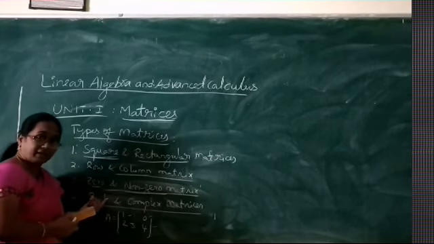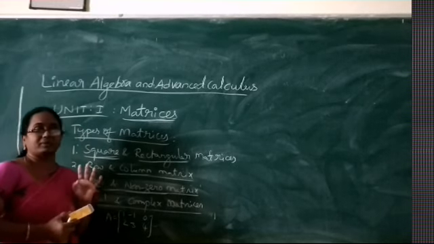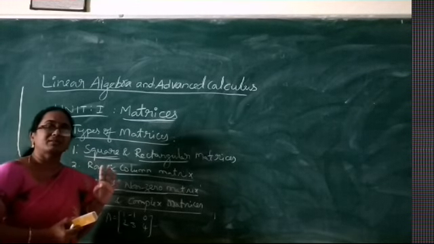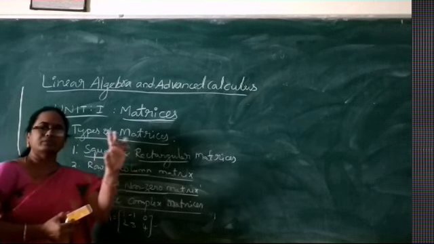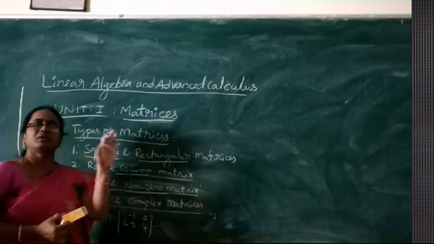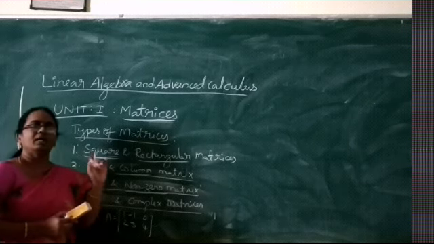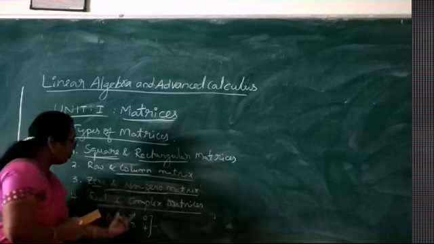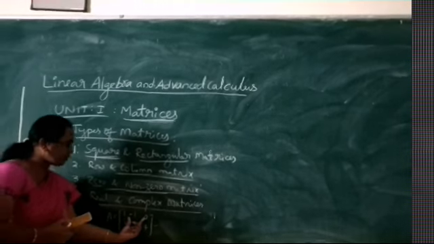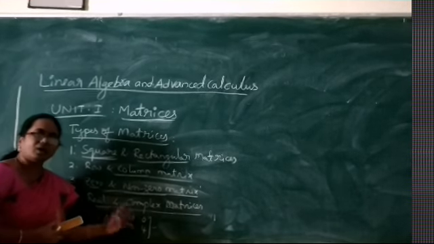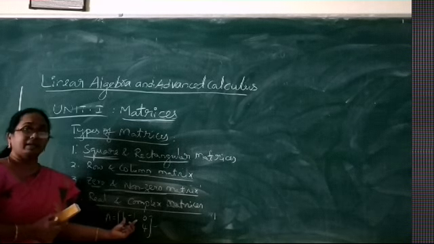For it to become a real matrix, all of its entries must be real numbers. And what are real numbers? It is the set involving integers, whole numbers, natural numbers, rational and irrational numbers. That is called the set of real numbers. And now, if the elements of the matrix are only real numbers, we say that the matrix is a real matrix.